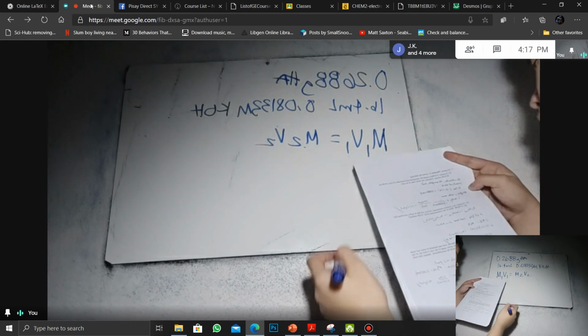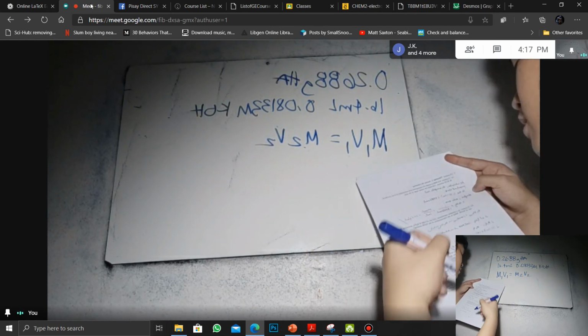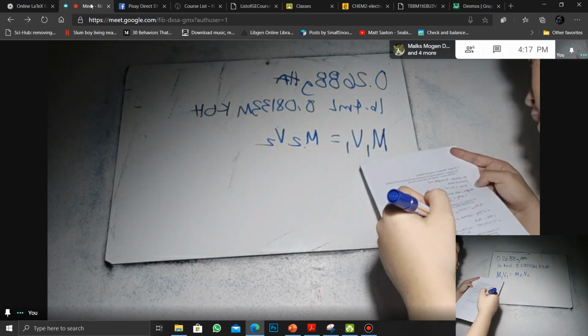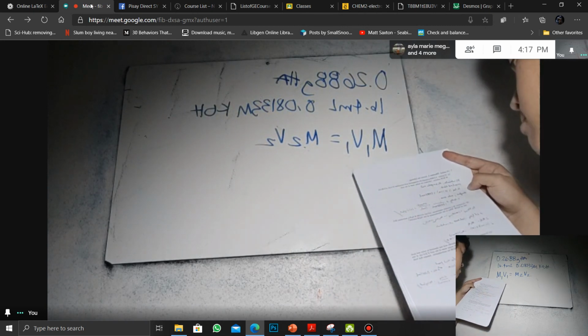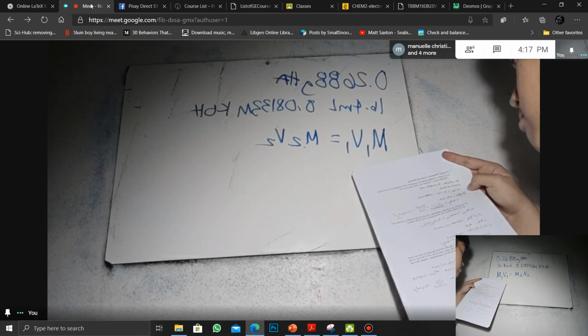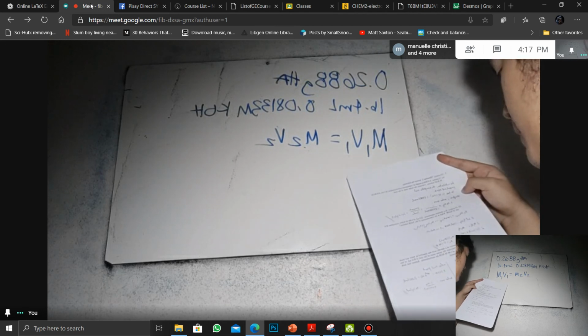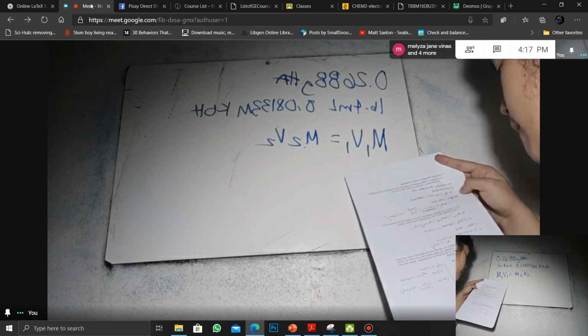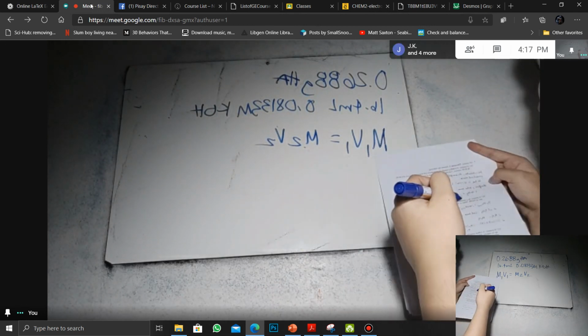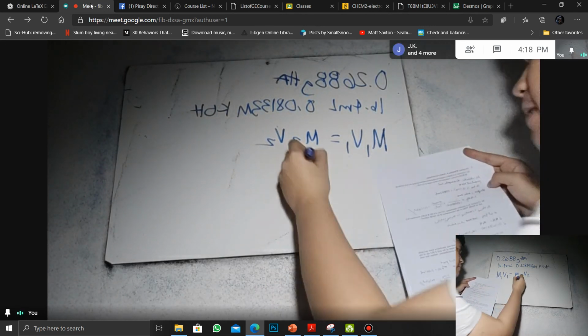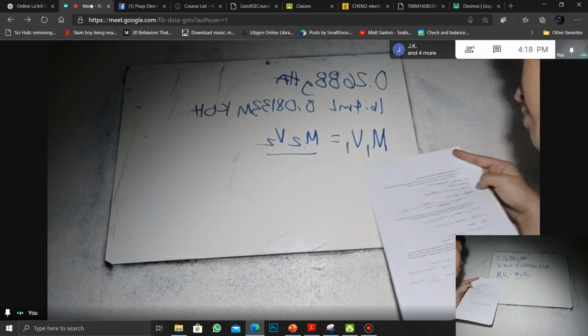Oh, kasi we'll get the concentration of the, yes, tama. Oh, game, ha? O, M2V2, no? M2V2, moles. Moles to pareho, di ba? If we get that.